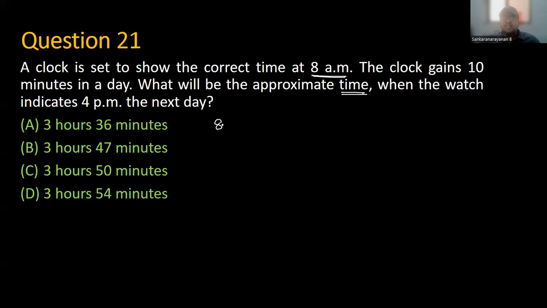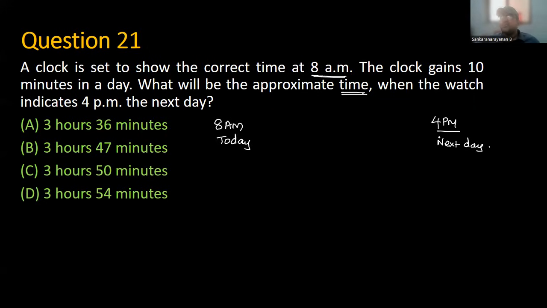So let us consider 8 a.m. today. That's the starting. And we are considering 4 p.m. the next day. Okay. That's what the clock actually considers. So 8 a.m. to 8 a.m. the next day is 24 hours.